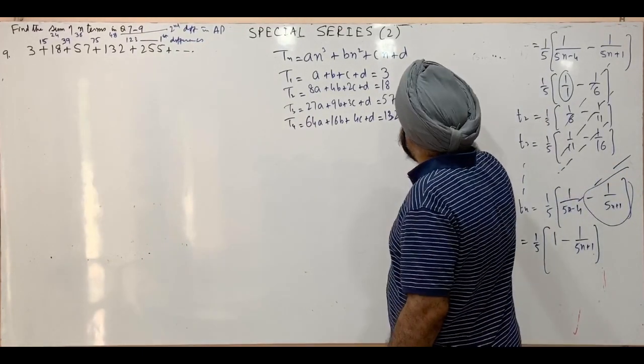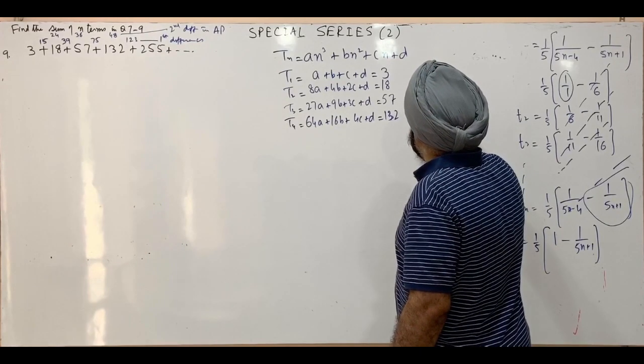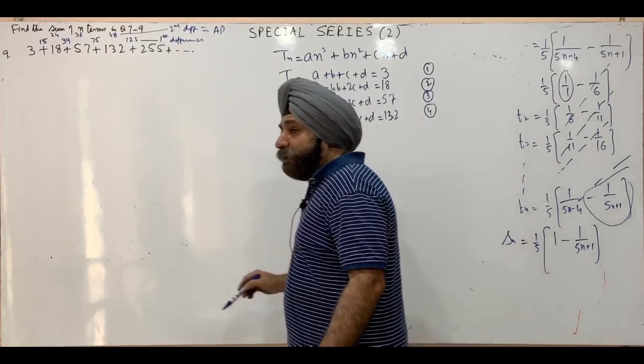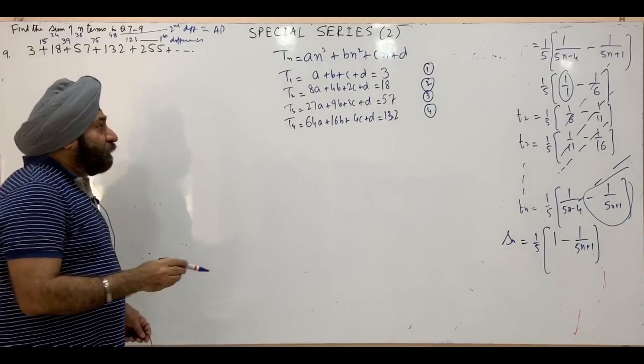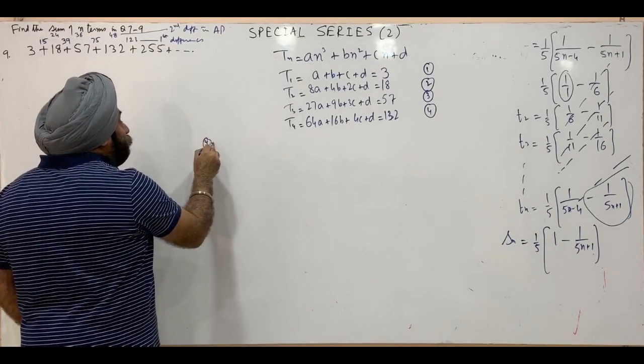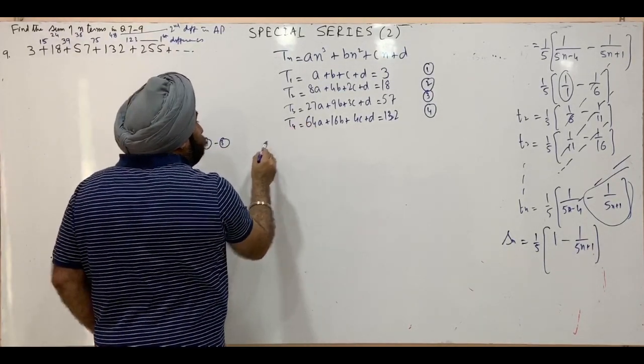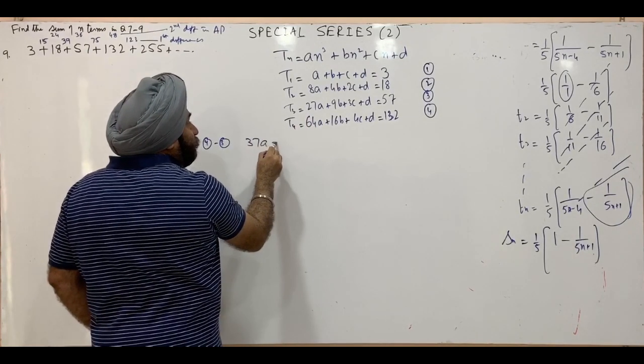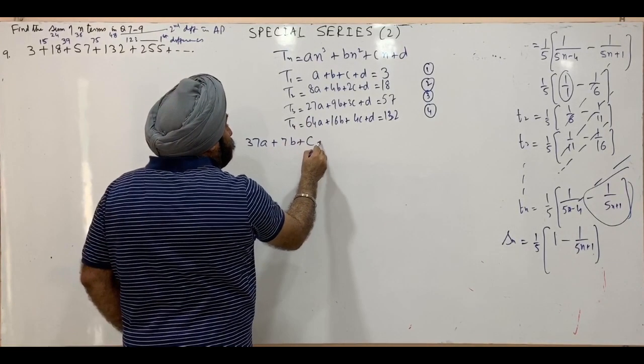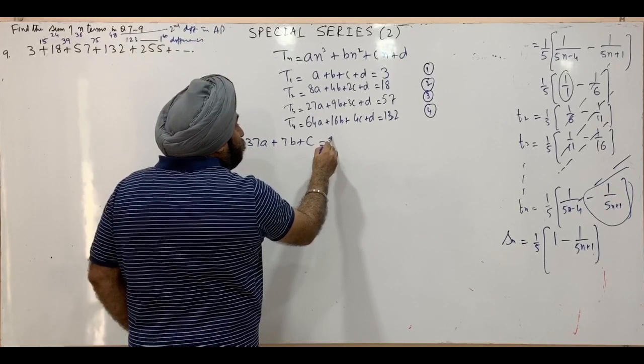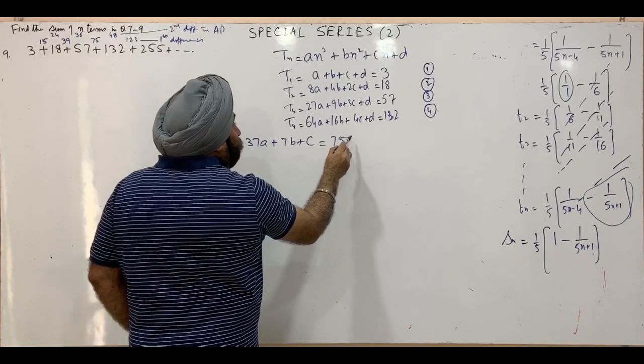The method remains the same. This is equation number 1, 2, this is 3, this is 4. So we find out 4 minus 3. This will give us 37a plus 7b plus c equal to 75.